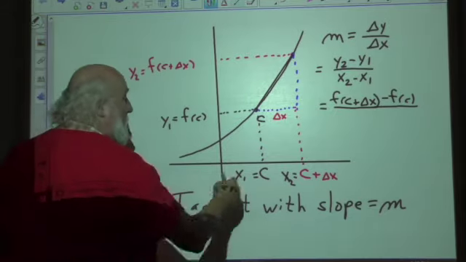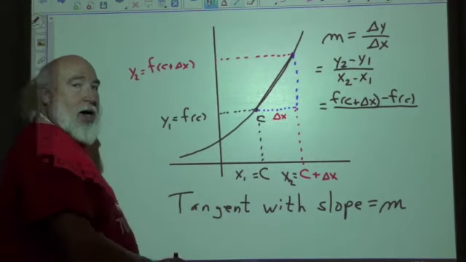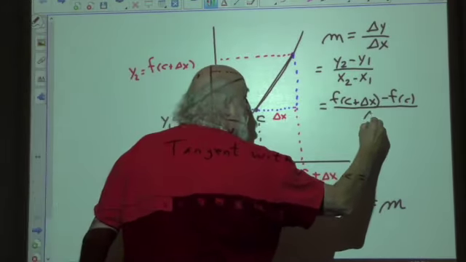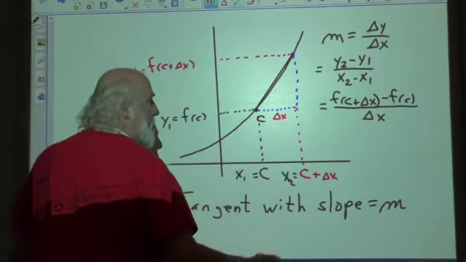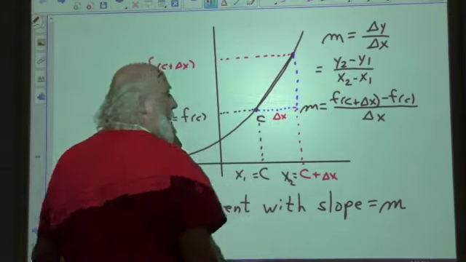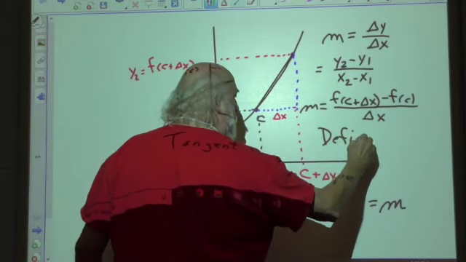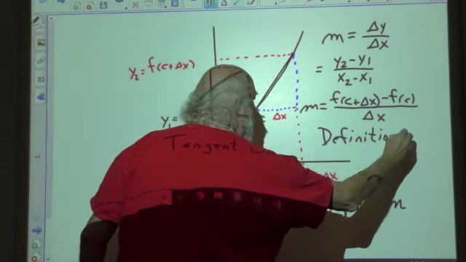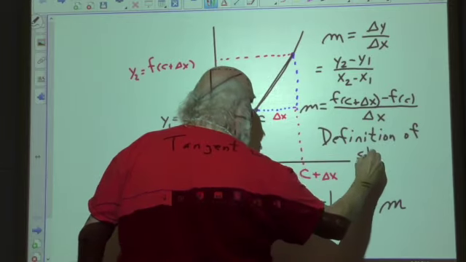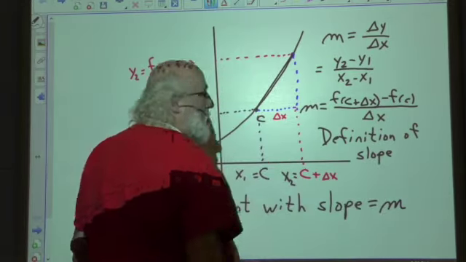Well, the change in x we've identified as delta x. So that's going to be delta x right there. And this is the definition of slope in terms of functional values.